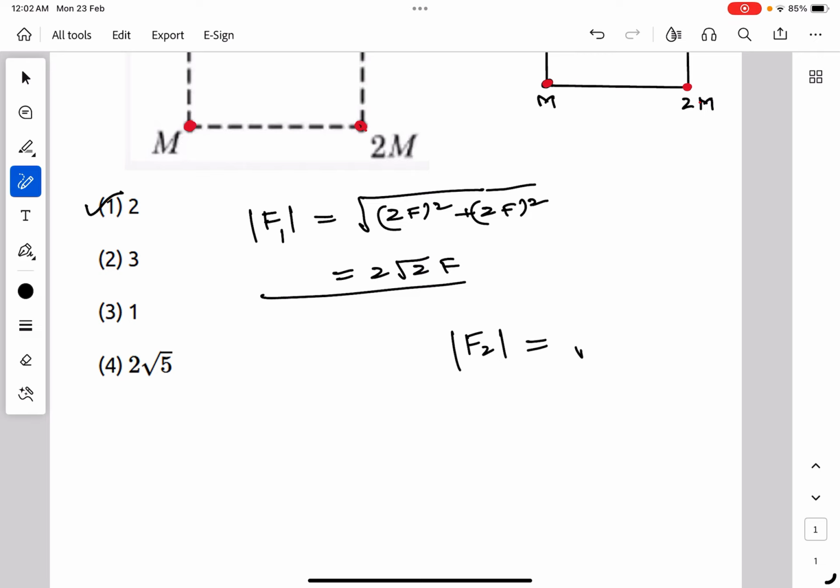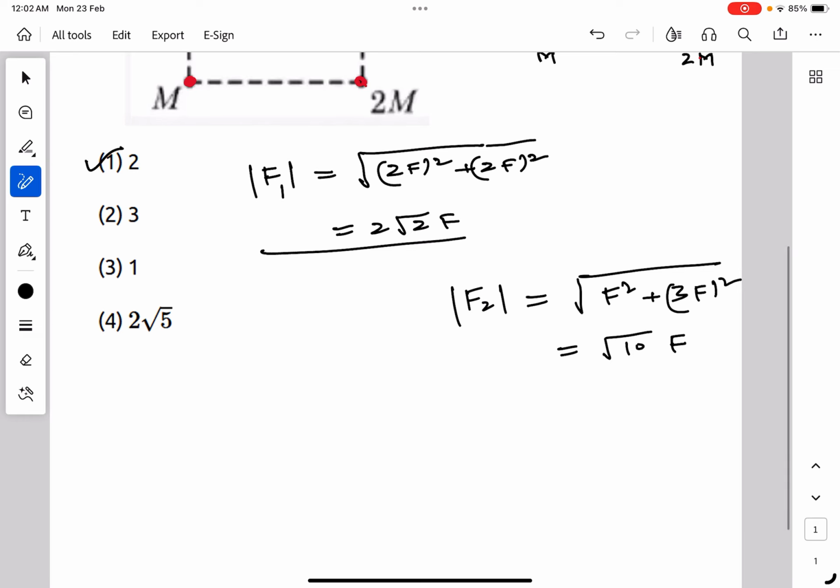This is equal to root of F square plus (3F) whole square, and this is equal to root 10 into F. Now let us find out the ratio of F1 and F2.